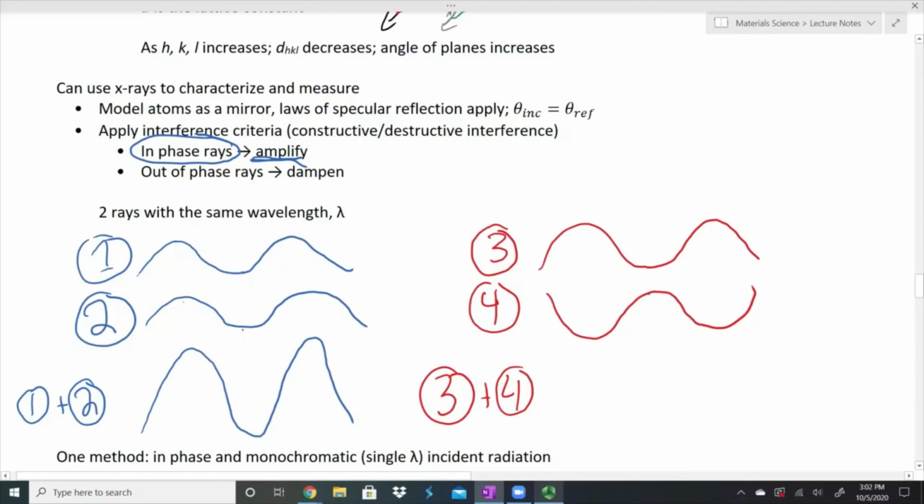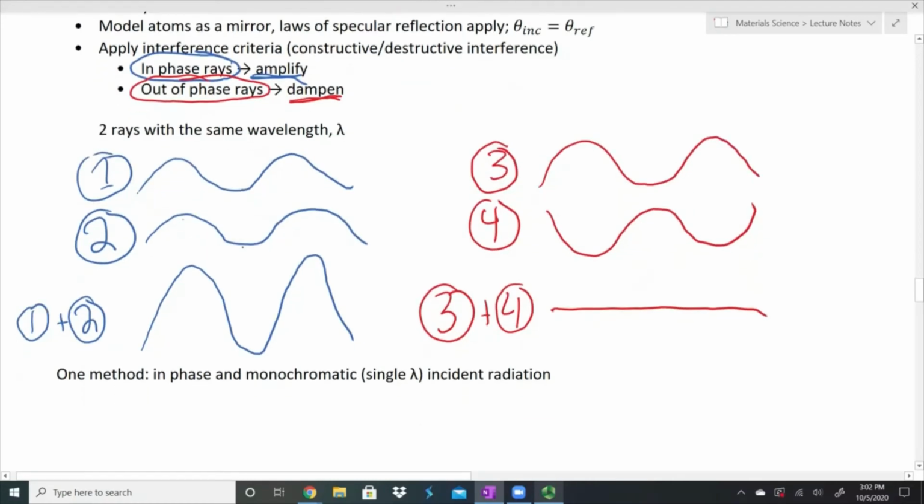And here I have a negative number and a positive number. That's going to add to 0. I have a 0 here and a 0 here. That's going to add to 0. And so what you end up with is something that, when they combine, they dampen, or they are destructive together. So the red ones are dampened. They are out of phase rays. And so we can use this to do something.